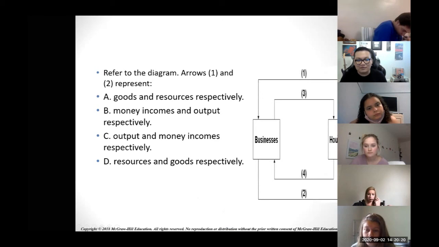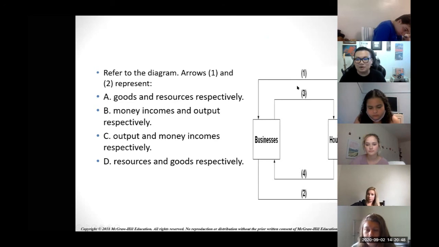Arrow 1 stands for what the household sells to the business. Arrow 2 stands for what the business sells to the household. Yes, Anna again. D. Yes, that's correct. So once again, arrow 1 stands for what the household sells to the business, and that's the resource.